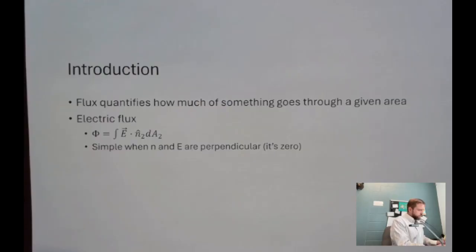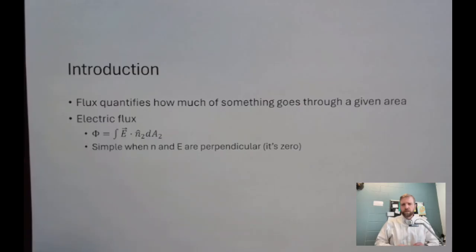All right, so first, just in general, a flux is a measure of how much of something passes through a given area. You can think about this in terms of sunlight, how much sunlight is passing through a given area. You can think about it in terms of wind.